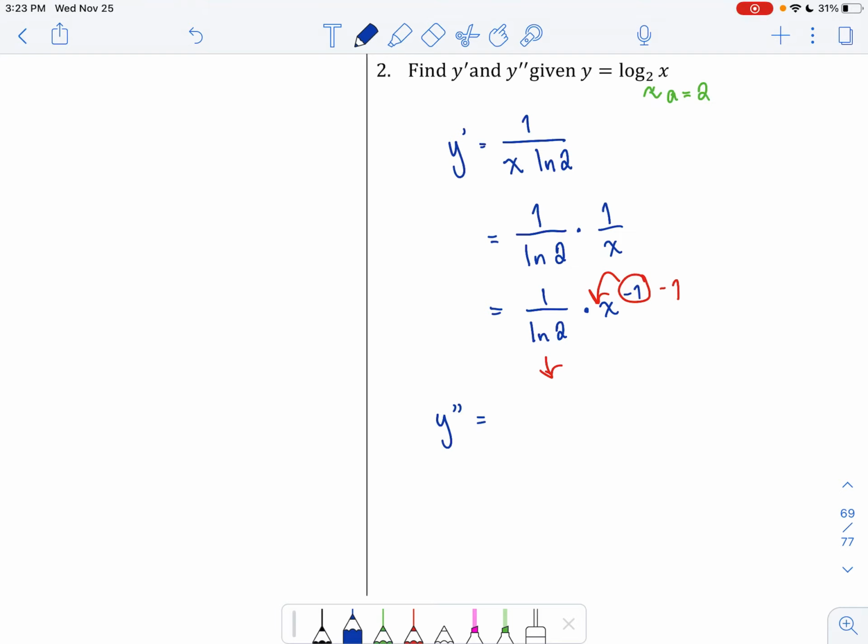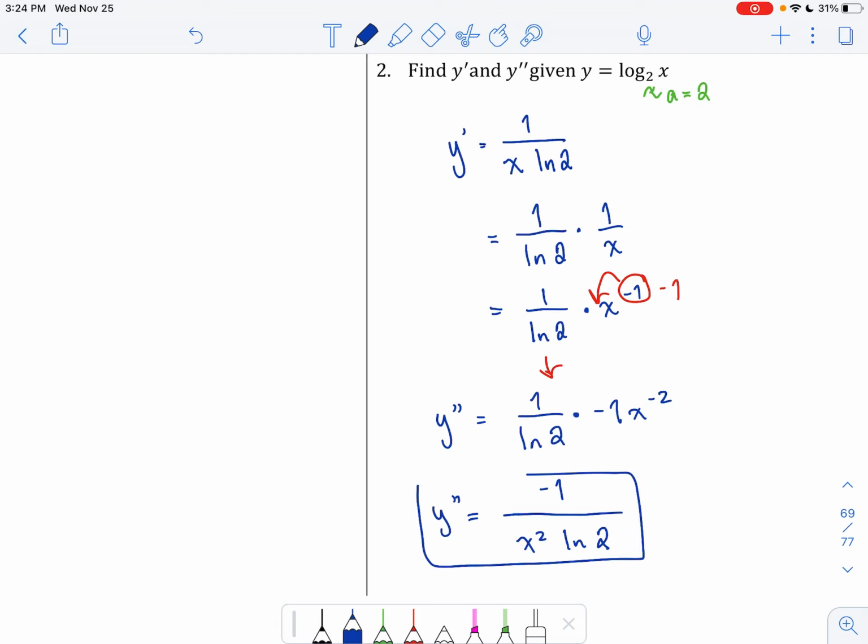So y double prime is equal to 1 over ln of 2 times negative 1 x to the negative 2. I would then simplify. Negative 1 in the numerator, x squared drops into the denominator, and we still have an ln of 2 for our second derivative. And there's our first.